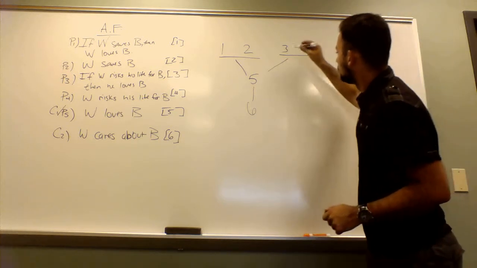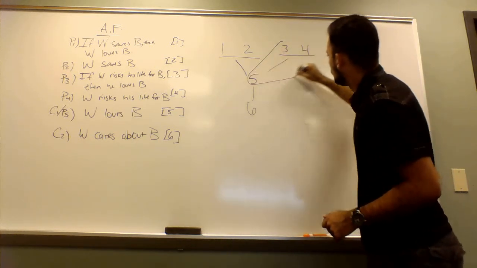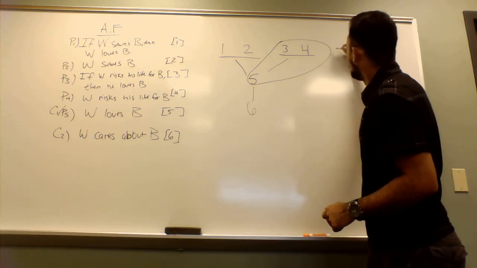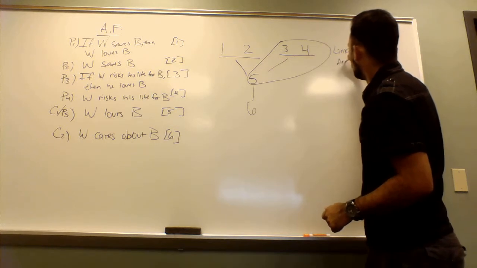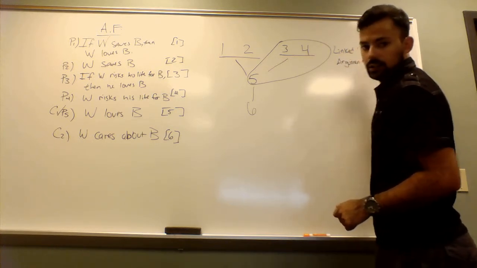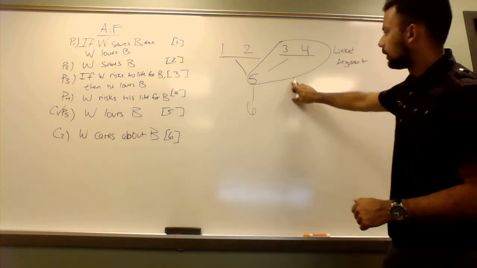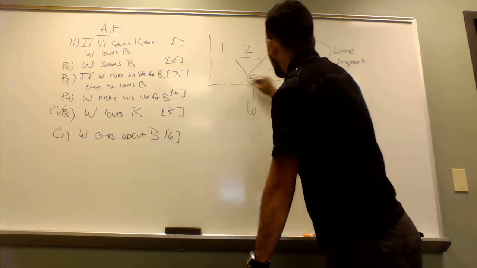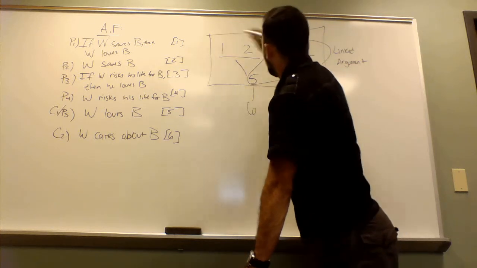So here, we have a linked argument. All right? That's the linked argument part. Now, I'm going to use a box. Right?